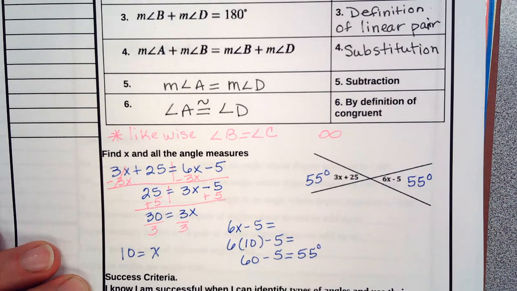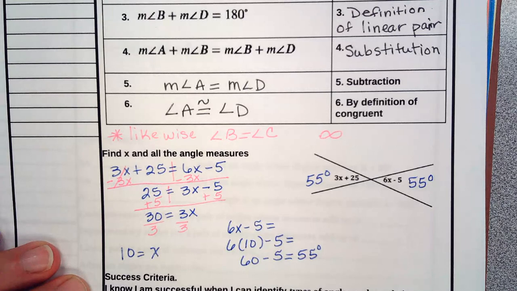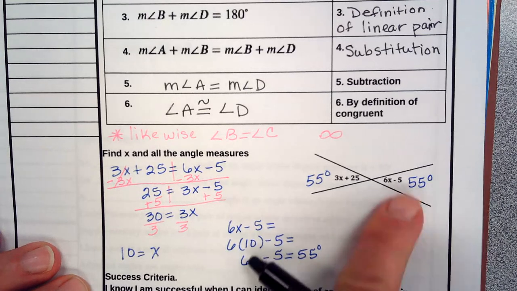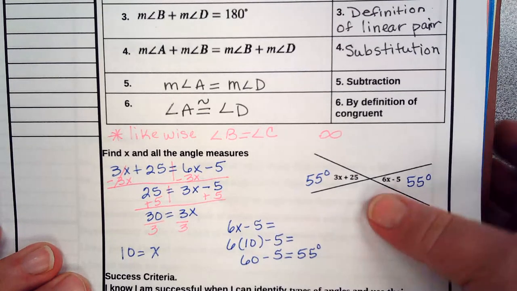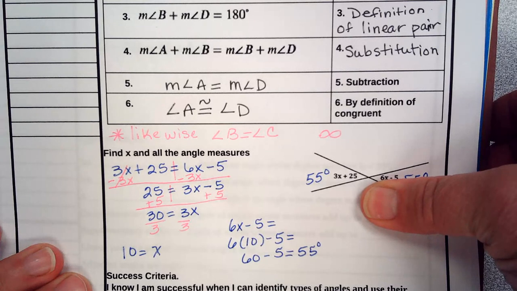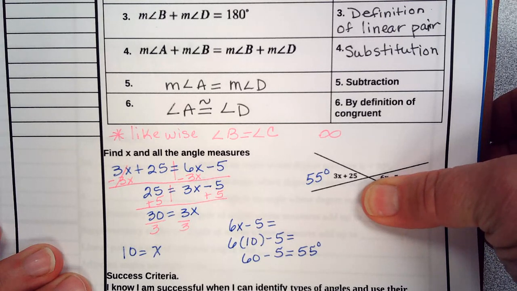That still does not give us the other 2 degree measures. What do I have to do? What information do I use? If I hold my finger up here, what do you see? Well, it's a straight line. It's a linear pair. Linear pair means 180 degrees.